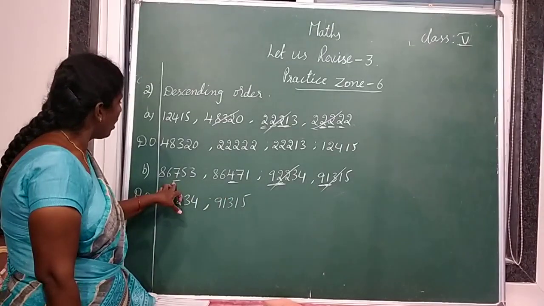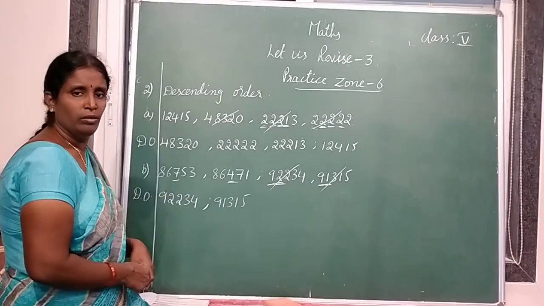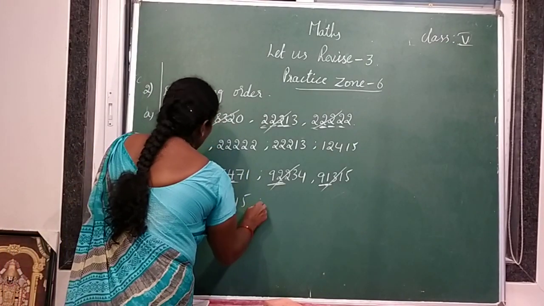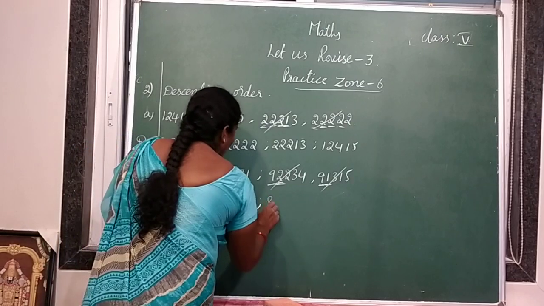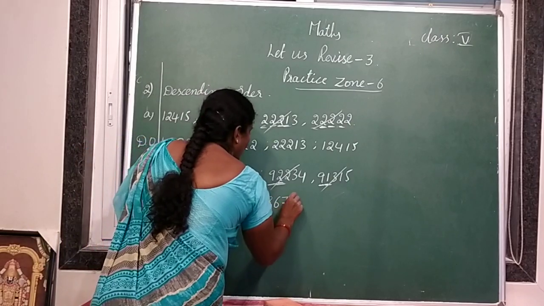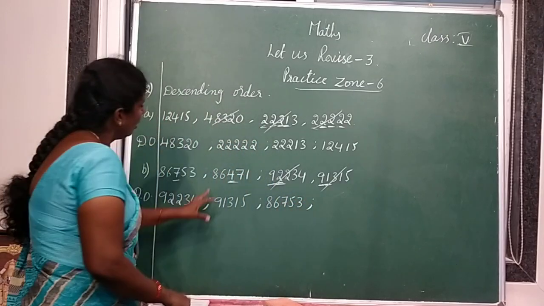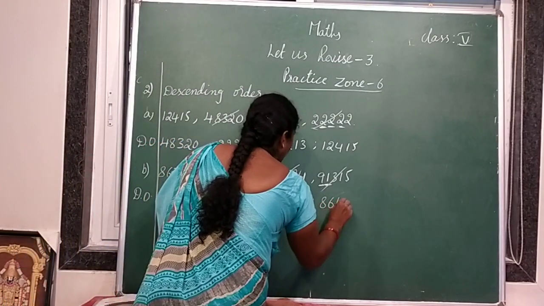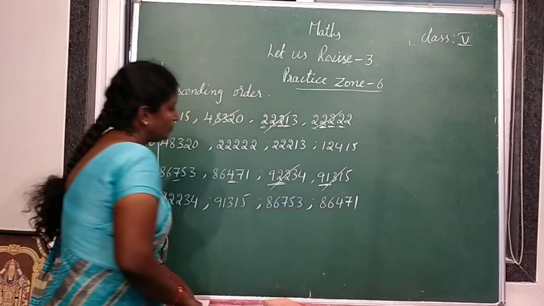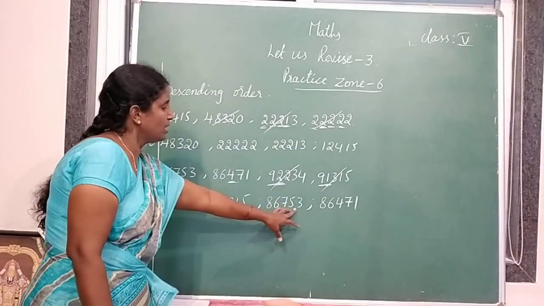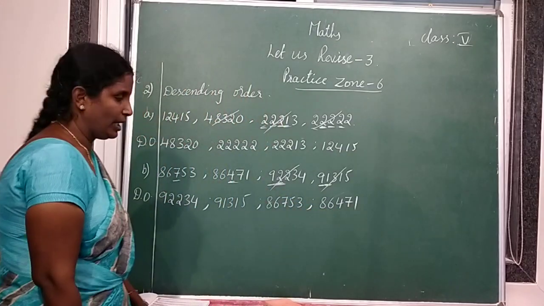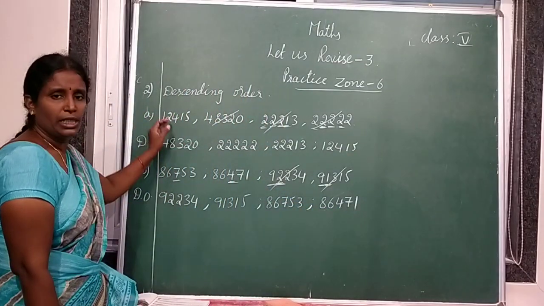So 7 is smaller or greater than 4? Greater than 4. So this is the greatest number: 86,753. After that, 86,471. Understood? 86,753, 86,471. Okay? So two sums completed.